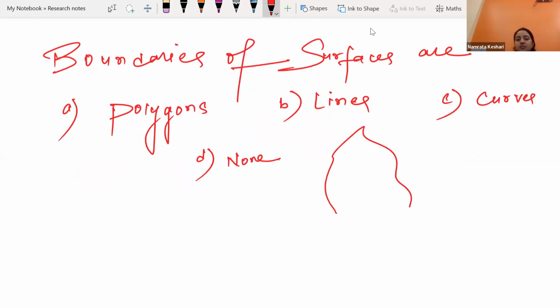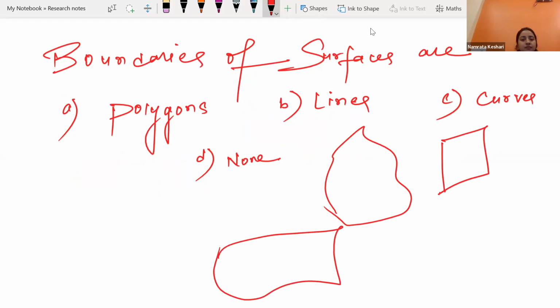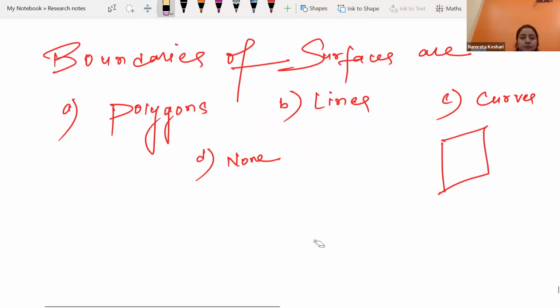A surface can be like this as well. Surface means maybe a surface is like this, maybe like this, maybe like this. Okay, so the boundary of a surface is what? None. Can we say the boundary of a surface is curves?